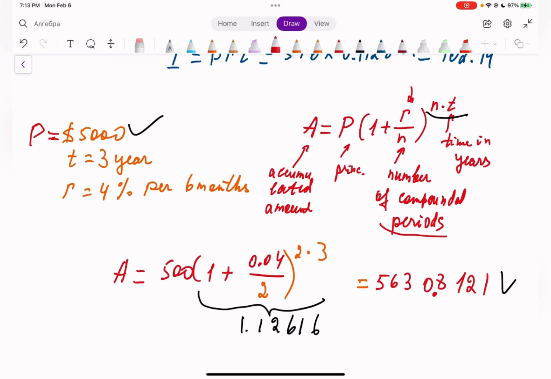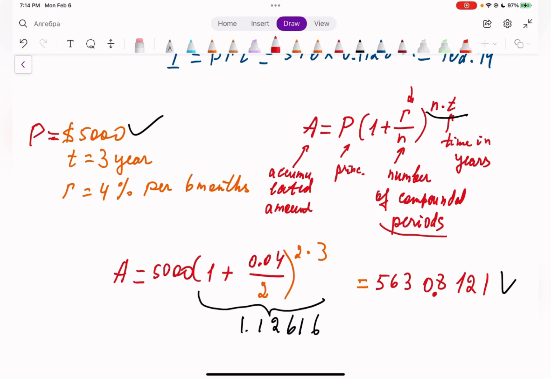If in 1 year semi-annual means twice, then for 3 years it's 6 times, right? And let me write down 5,000, times 5,000. Okay, let me do the math again. Let me see what's wrong. And I'm not rounding anything.